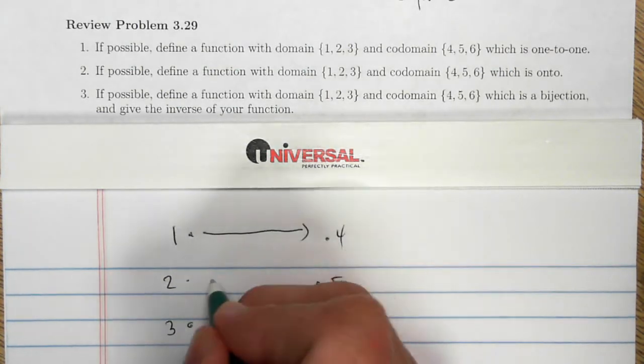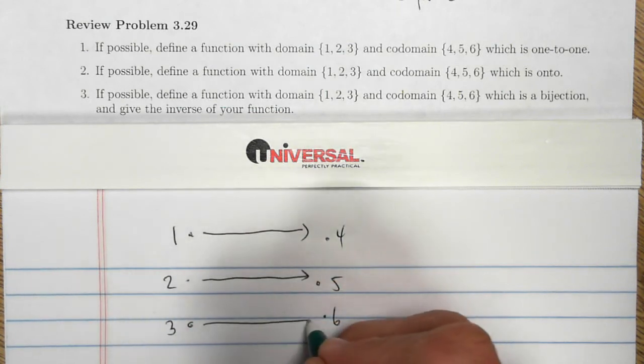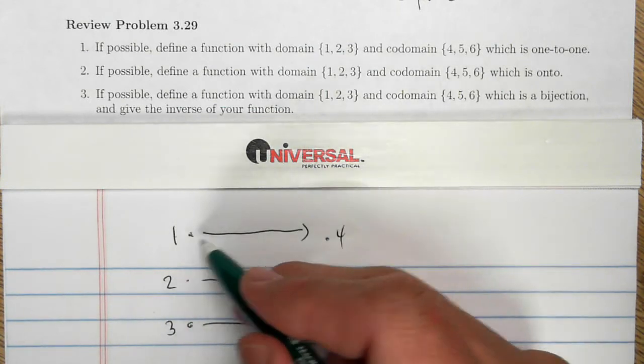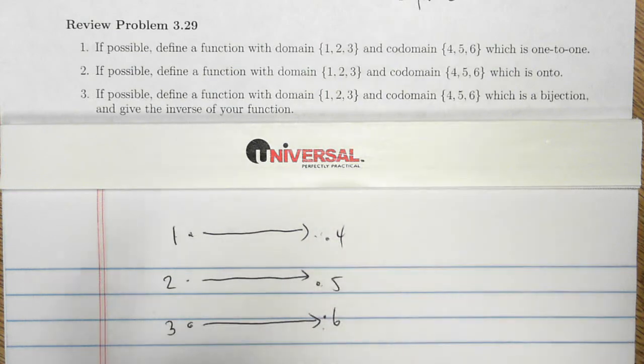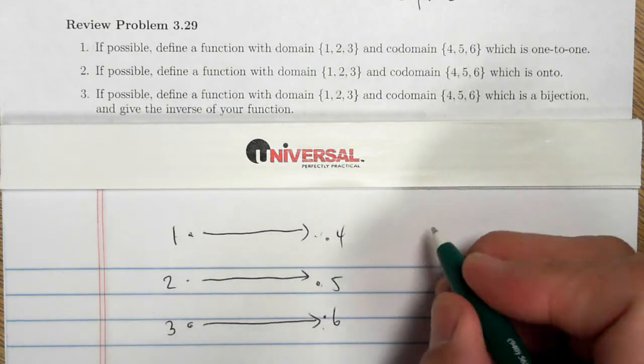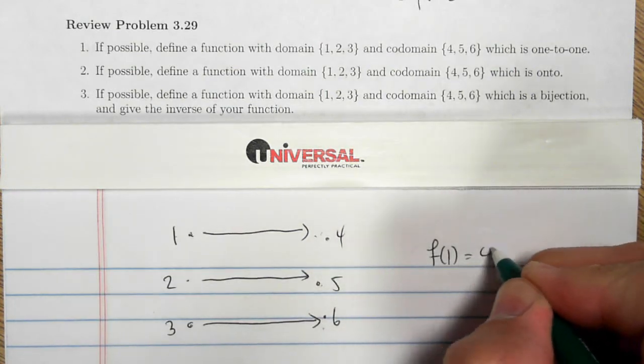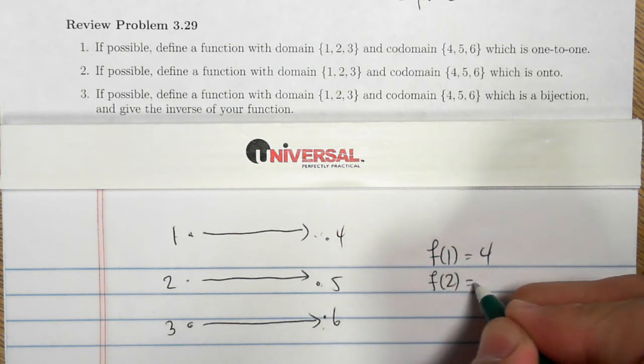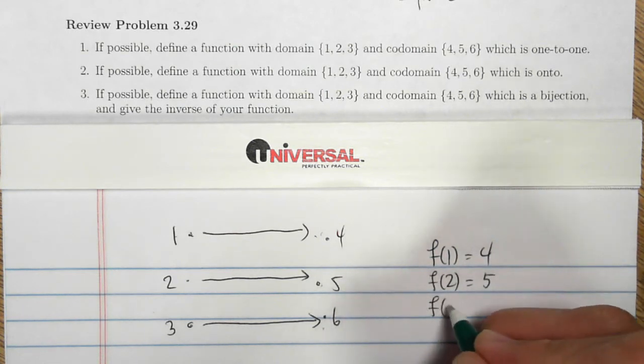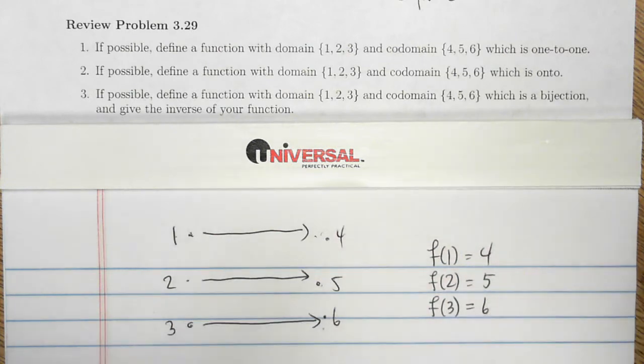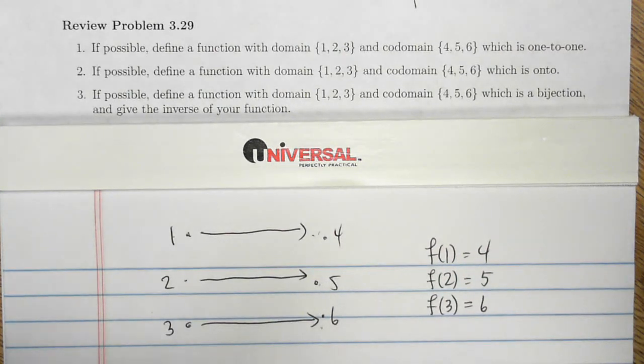As long as no 2 points over here end up at the same point over here, it's one-to-one. So if I define f of 1 to be 4, f of 2 to be 5, and f of 3 to be 6, that is a function from this domain to this codomain that is one-to-one.